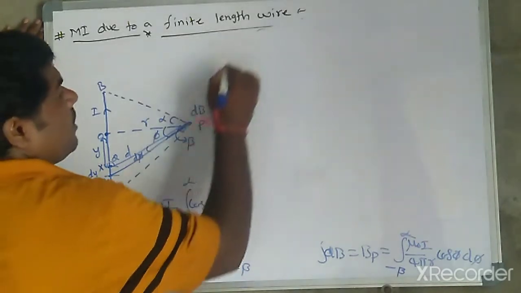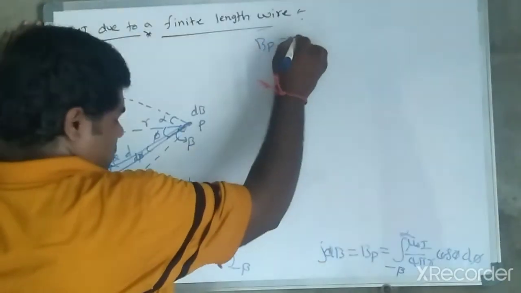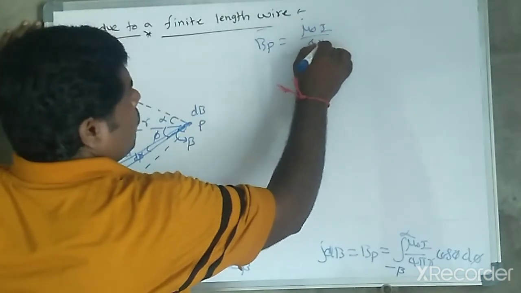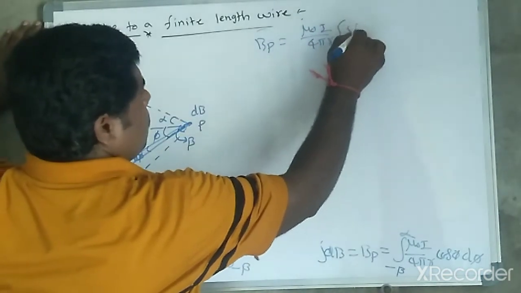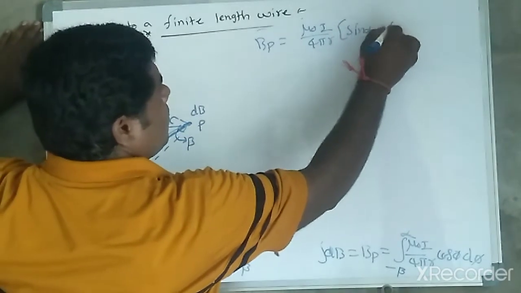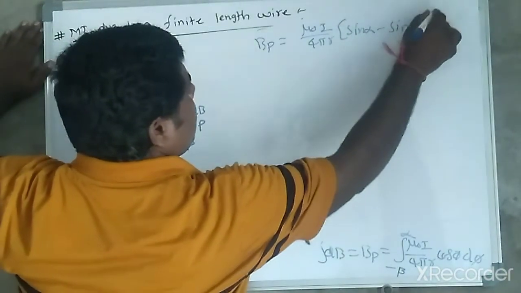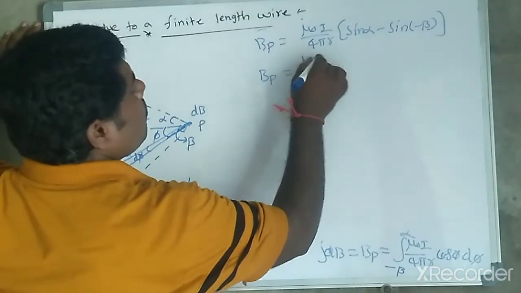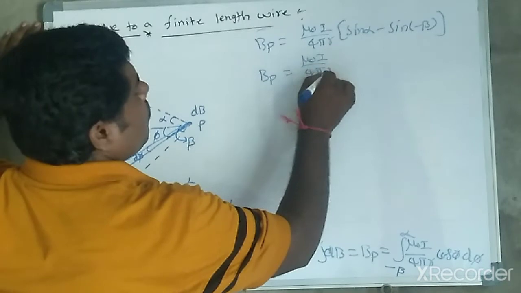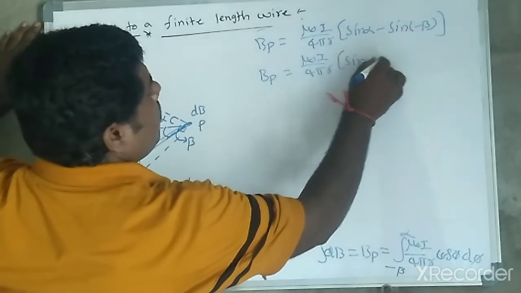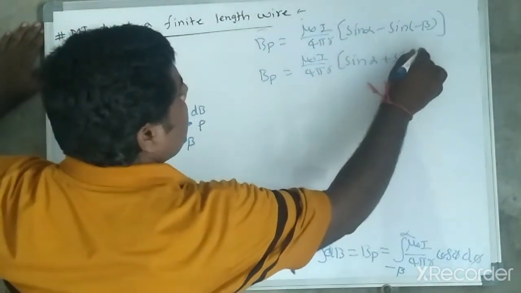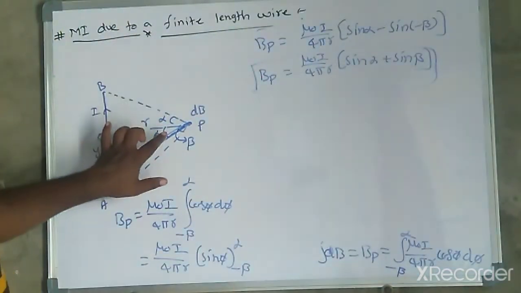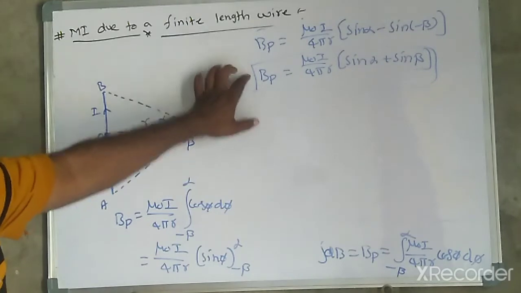Higher limit minus lower limit: BP is equal to mu naught I divided by 4 pi r into sin alpha minus of minus beta. So BP is equal to mu naught I divided by 4 pi r into sin alpha plus sin beta. This is the final expression, with alpha and beta.